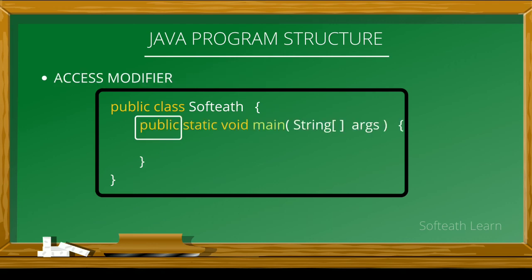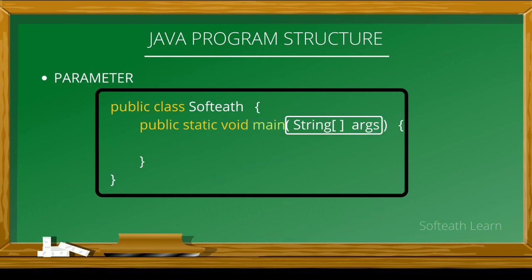We have the public keyword, which is an access modifier. Then we have the static keyword, which is a non-access modifier. We will talk about it later in OOPS. Then we are creating the main method. This over here is the return type, which is void, and then we put the name, which is main, and then inside the parenthesis we have the parameters.